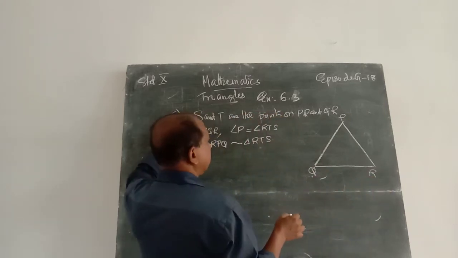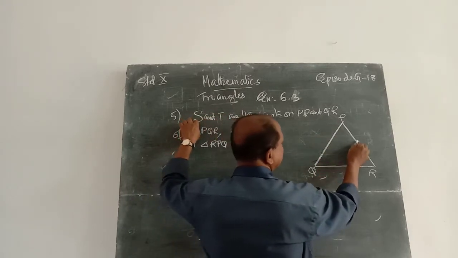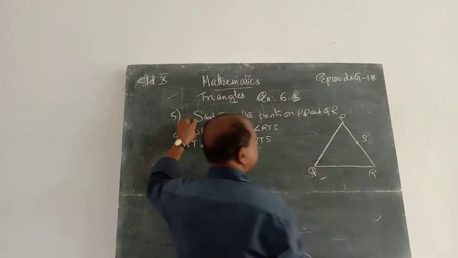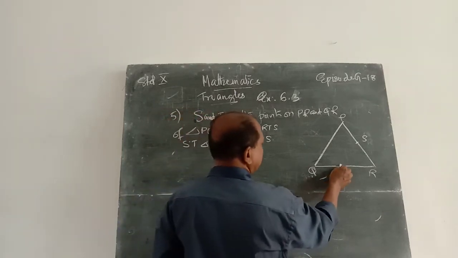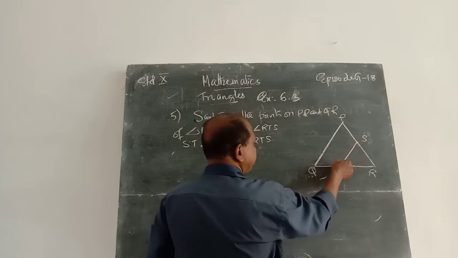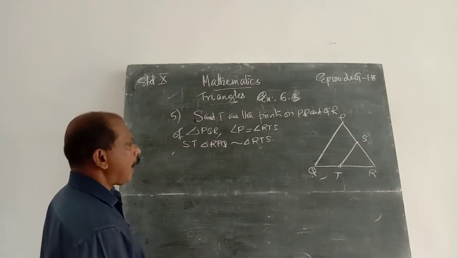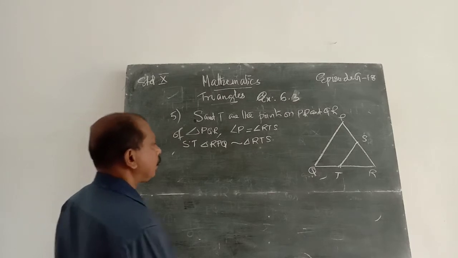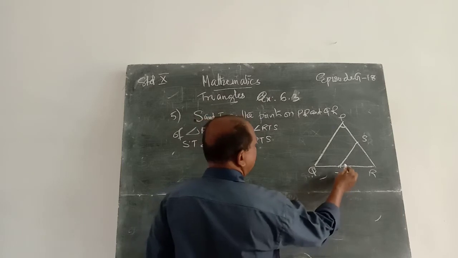S is the point on the side PR. This is the point S. And T is a point on QR. Then join these two. Angle P is equal to angle RTS.